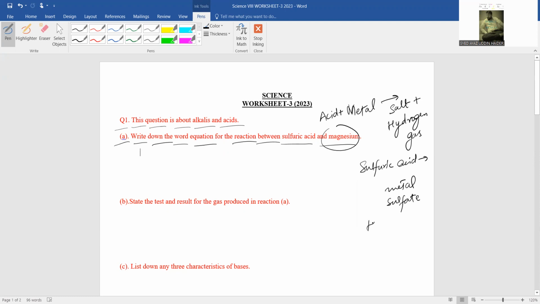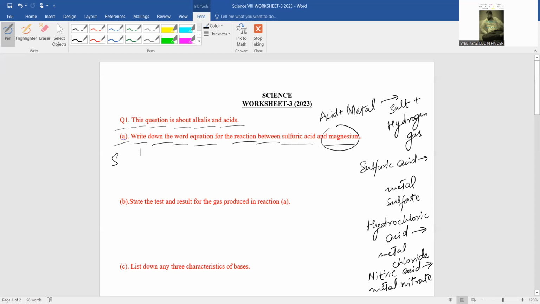If the acid is hydrochloric acid, then the salt will be metal chloride. If the acid is nitric acid, then the salt will be metal nitrate. So here the acid is sulfuric acid, so the salt will be sulfate.